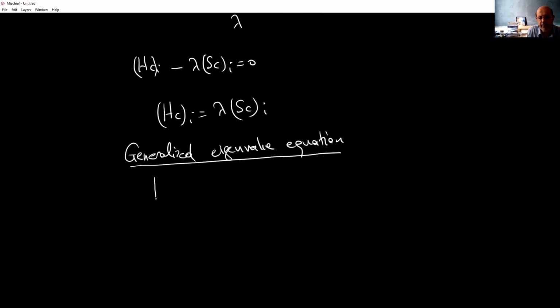I'm multiplying the Hamiltonian matrix with this column matrix, and the result is an eigenvalue times this S matrix, the overlap matrix, multiplied by C. Okay, so here H and S are Hermitian. And because of that, you can show that all of these lambda are real.